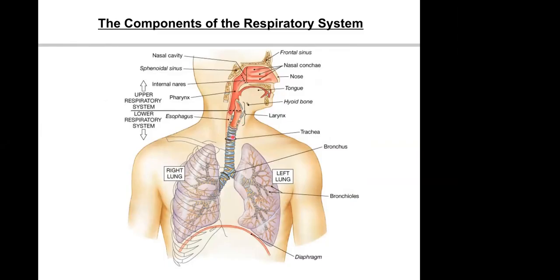Then it goes through the trachea, a pipeline made by 15 to 20 C-shaped cartilages. They're C-shaped because they're posteriorly open so that the esophagus gets a chance to expand when it carries the food bolus. And at the bottom of the trachea, there is a V-shaped cartilage. We call that the carina, which helps make two bronchi, left and right.